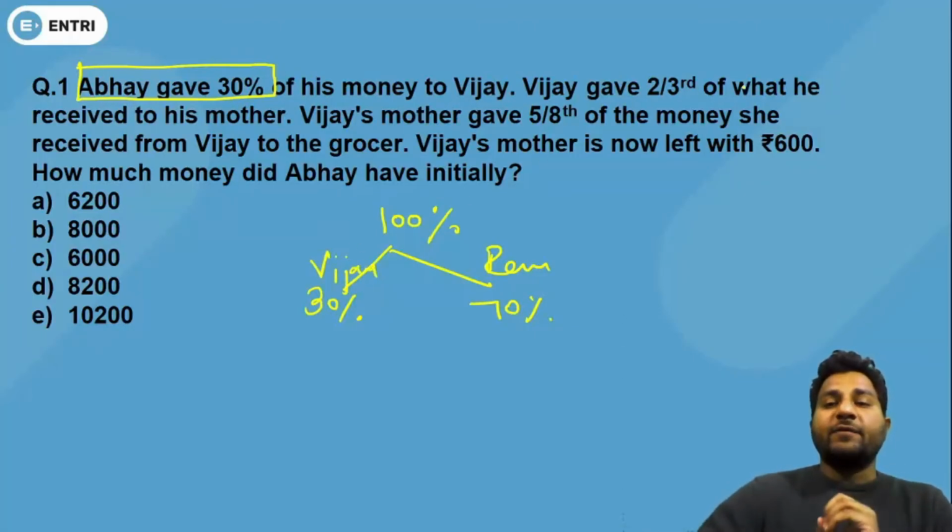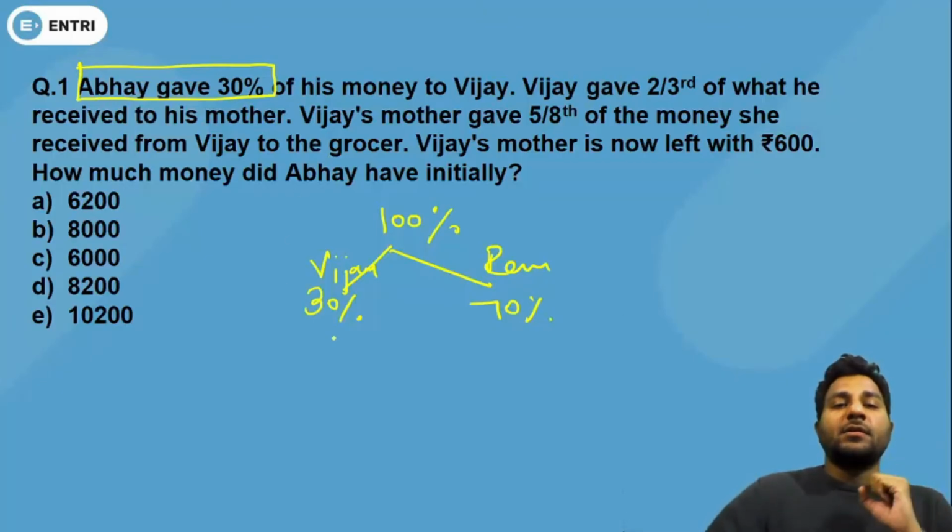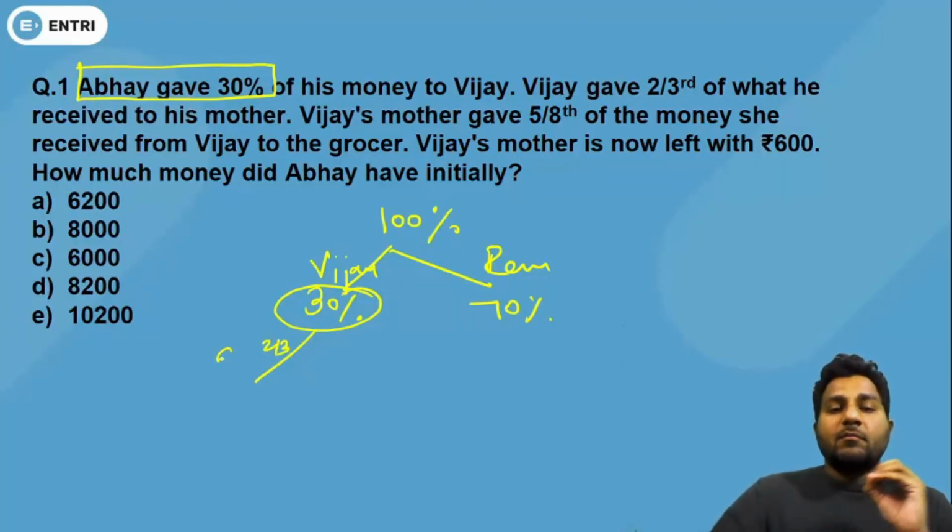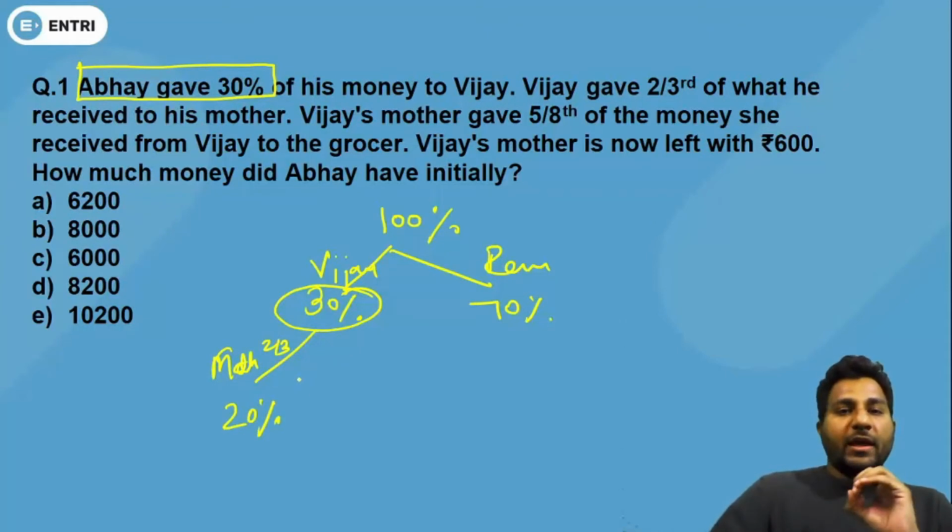Now Vijay gave 2/3 of what he received to his mother. So Vijay received 30%, and he gave 2/3 of it to his mother. That means his mother will get 20%. Vijay's mother then gave 5/8.